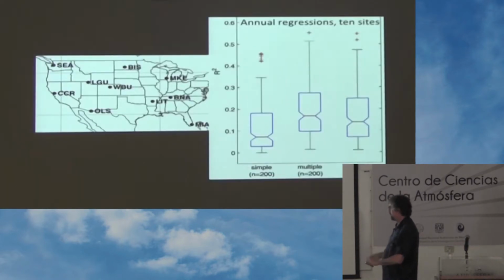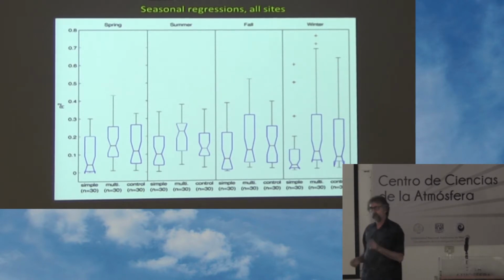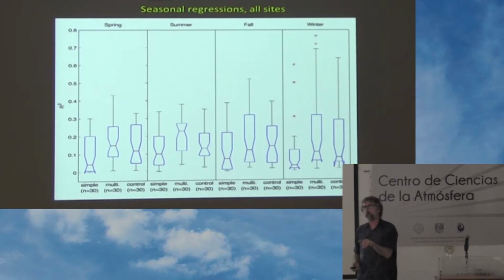So these results were for all year. Here we have results by season, and we see the model performance in every season: the simple model, the new model, and the control. The results are different in different seasons. That gave us the idea to include some more predictors in the equation that identified the season.